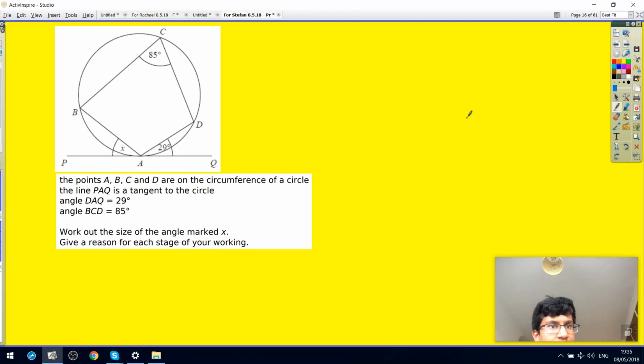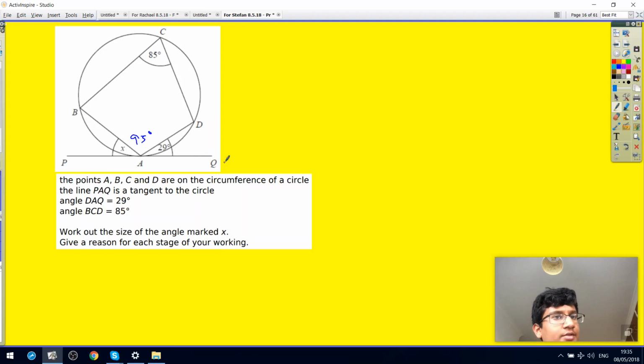The points A, B, C, and D are on the circumference of a circle, and TAQ is a tangent of the circle, angle marked X. I think there's a cyclic quadrilateral rule, which means that the angle opposite 85 would be 95 degrees.